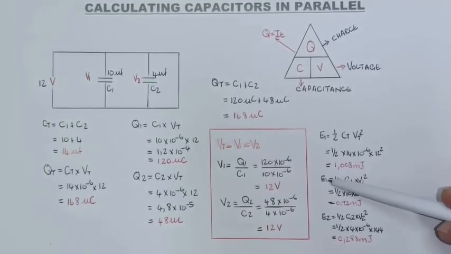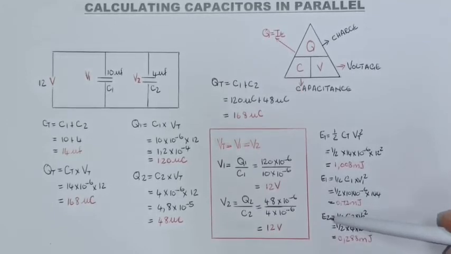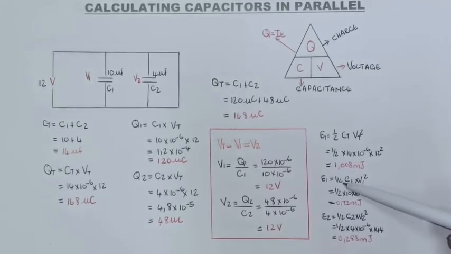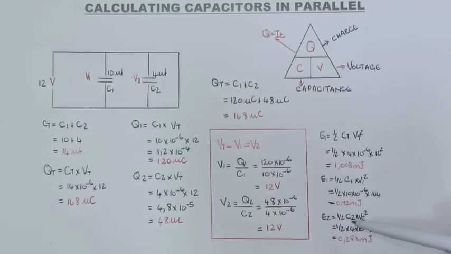Alright, if you need to calculate the energy for capacitor C1 and capacitor C2, that's going to be half of my capacitor C1 multiplied by my voltage squared, which will give me 0.72 millijoules, and the same for capacitor C2 multiplied by my voltage squared, which is 144, and I'm going to get 0.288 millijoule.